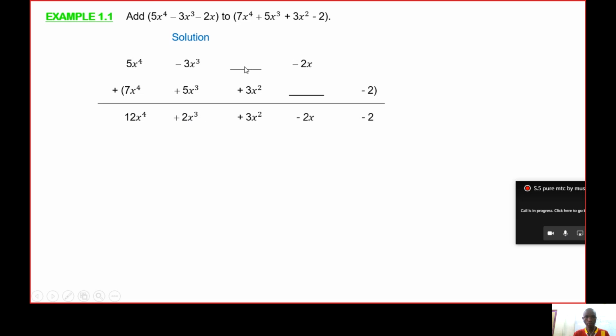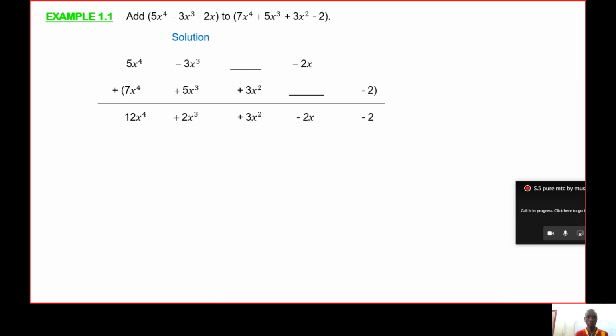Dash, or nothing, or 0, plus positive 3x squared, we get positive 3x squared. -2x plus nothing, we get -2x. Nothing here plus -2, we get negative 2.